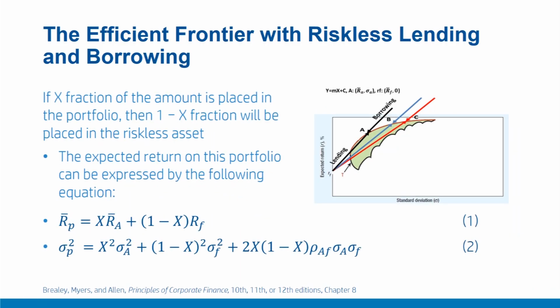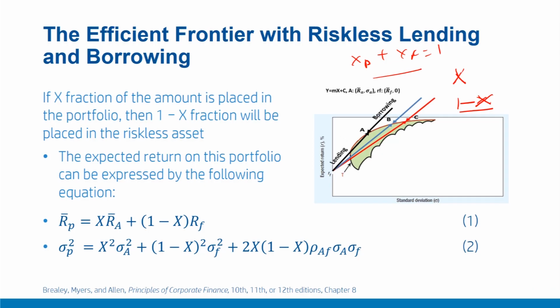Let us assume that fraction x is placed in the portfolio A, XA. Let's call it x. And then the remaining 1 minus x amount, because of the capital constraint, the summation of XA plus XF should be equal to 1, where XF is the amount invested in the risk-free asset. So the amount invested in the risk-free asset is 1 minus x.